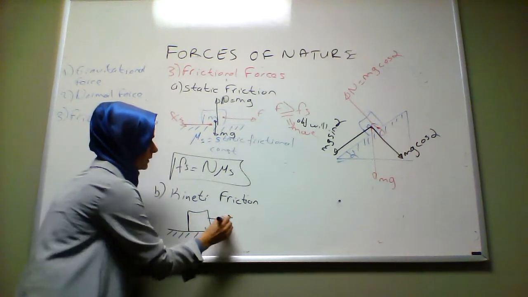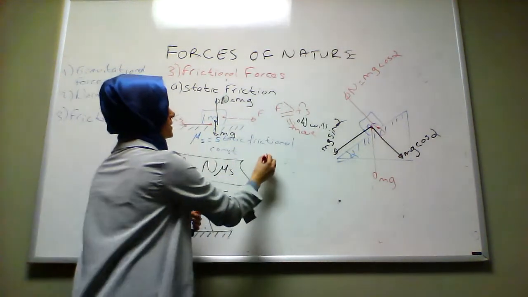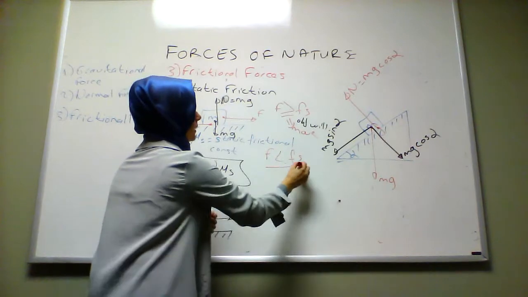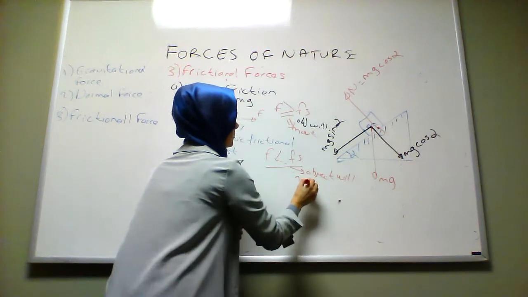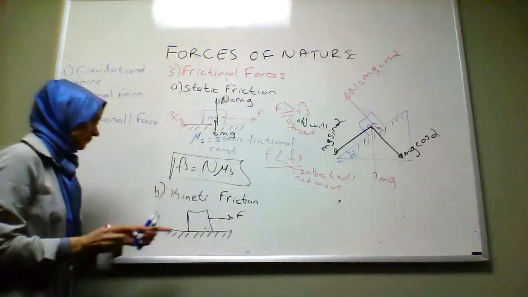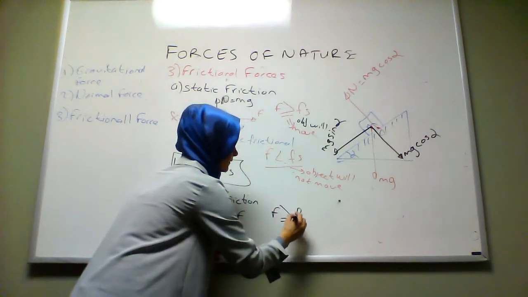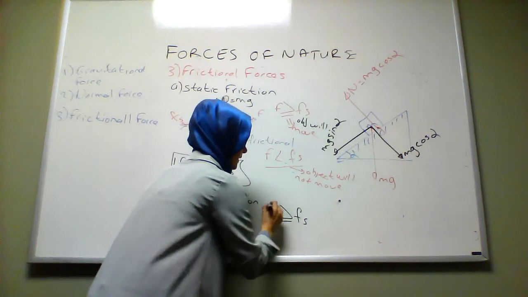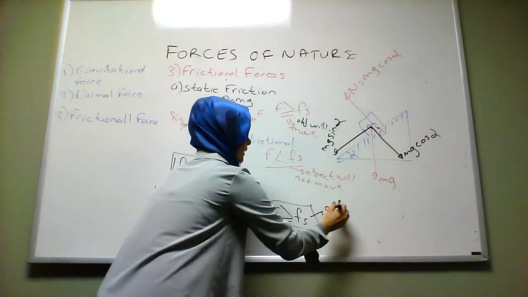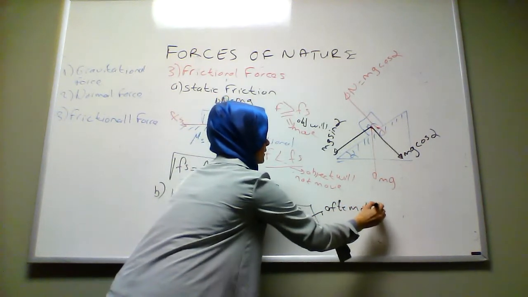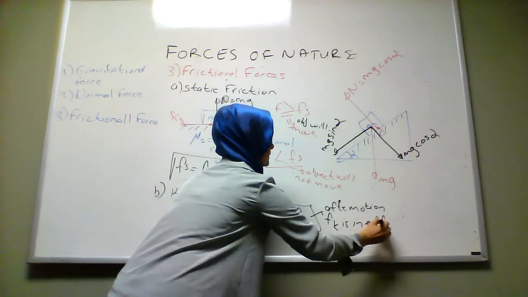So if the object is moving, let's put in here, if F is bigger, the object will move. If F is smaller than Fs, the object will not move. If the object is moving, F is bigger than or equal to F static. After moving, we don't consider the static frictional force anymore. After motion, F kinetic is in effect.